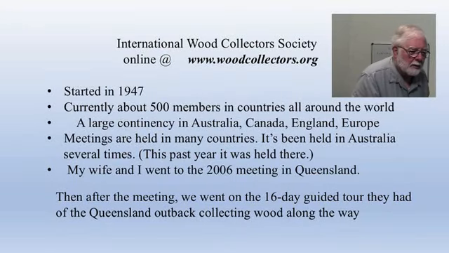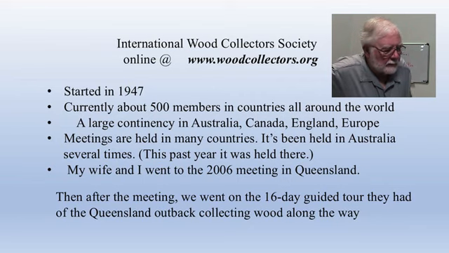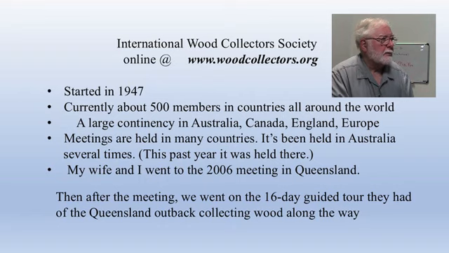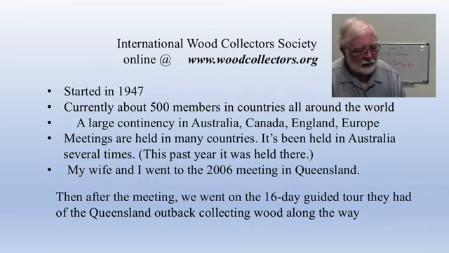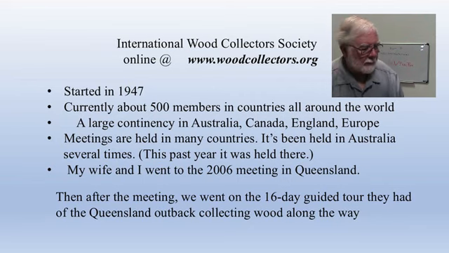But anyway, International Wood Collectors Society started in 1947. Right now they've got about 500 members in all countries all over the world. And there's a large contingent of members in Australia, Canada, England, and Europe. There's even some in South Africa.